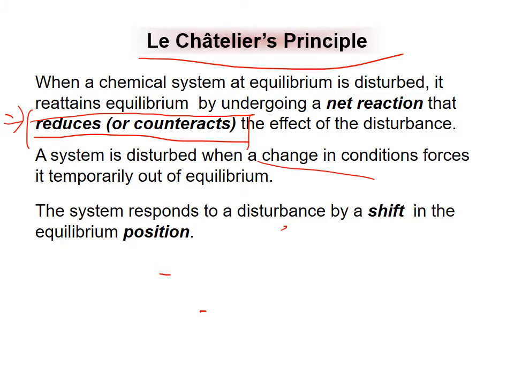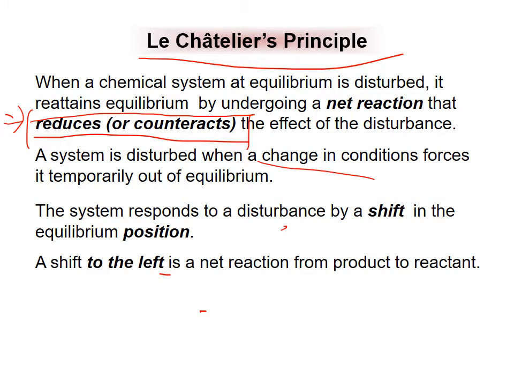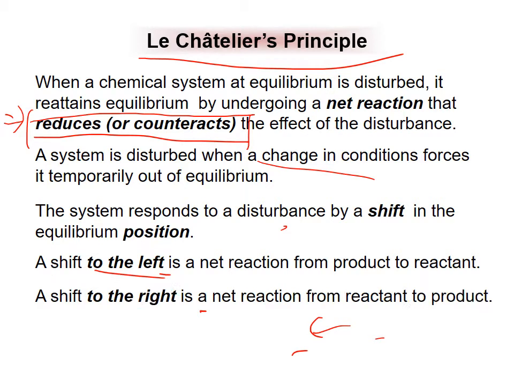The system responds to a disturbance by a shift in the equilibrium position. A shift to the left means the reaction goes left, which will consume product to form reactants, or it may go to the right, from reactants to form the product. In any event, it will reduce or counteract the effect of the disturbance.